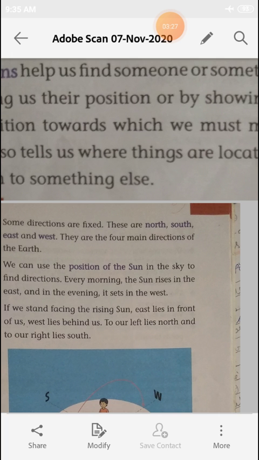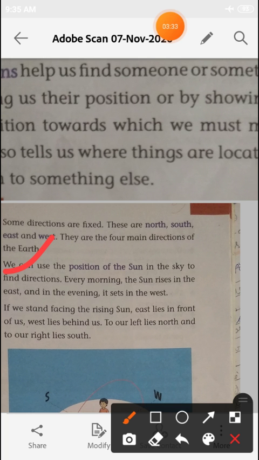We can use the position of the sun in the sky to find direction. Every morning the sun rises in the east and in the evening it sets in the west.